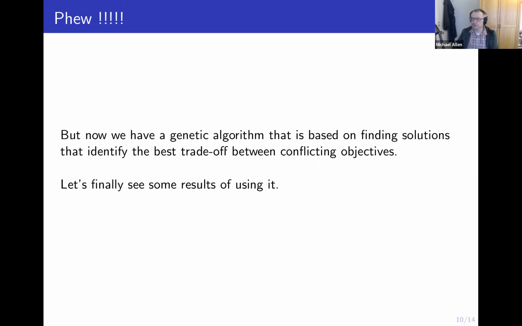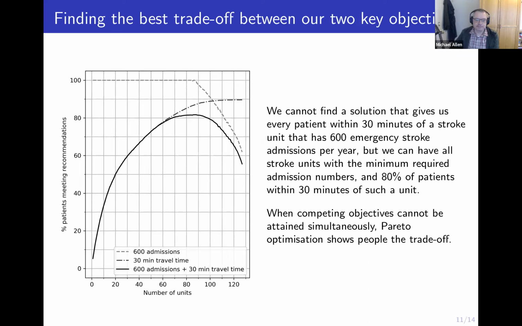So let's see some results of using it and see these trade-offs in action. This is the number of stroke units up to 127. The grey dotted line at the top is the number of patients. Now, these are the best solutions we can find using our genetic algorithm. These are the number of patients who would attend a unit with at least 600 admissions per year if everyone went to their closest unit.